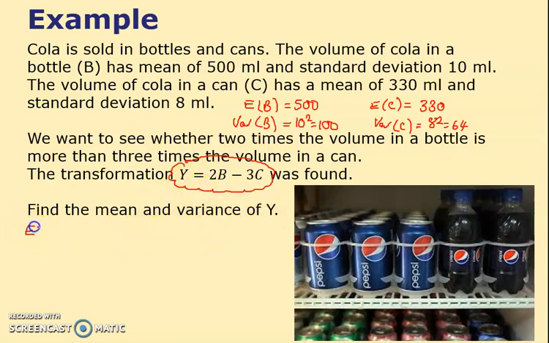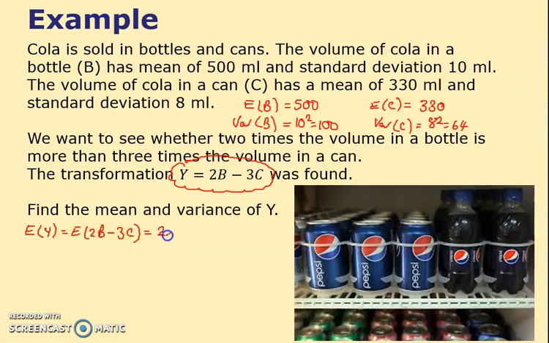Okay, so what is E of y? Now, posh way of writing that again, E of 2b minus 3c. Now here's a slight trick we have to be careful of. Well, not so much on the expectation, but certainly when we come to the variance, we have to apply a trick, or an observation might be a better way of describing that. At the moment, you do what you kind of expect, because expectation is fairly straightforward.